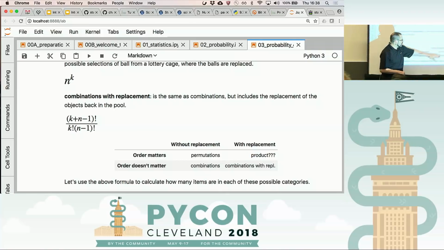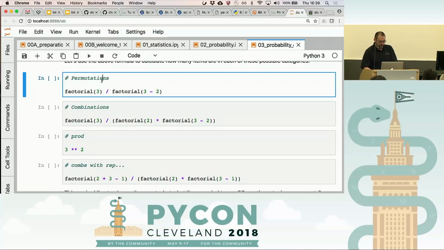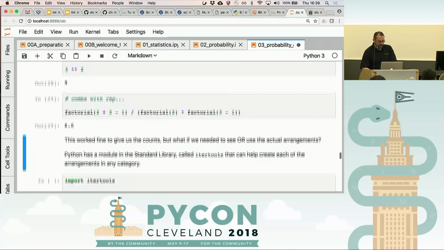So I've got a handy little chart here. Do I replace stuff? Yes or no? With those books, I couldn't replace them because I only have 1 copy of each book. With the lottery balls, I could put the ball back in the bucket, right? Order matters, order doesn't matter. So we can calculate permutations, combinations, products, and so on.